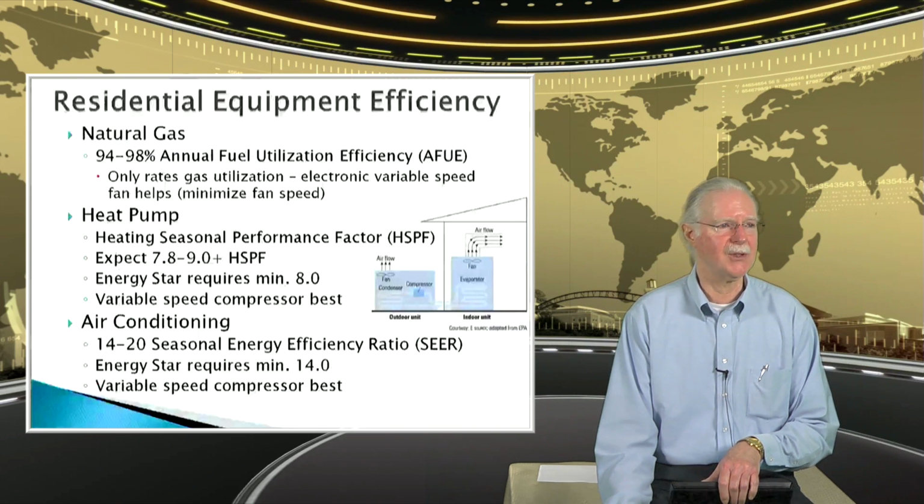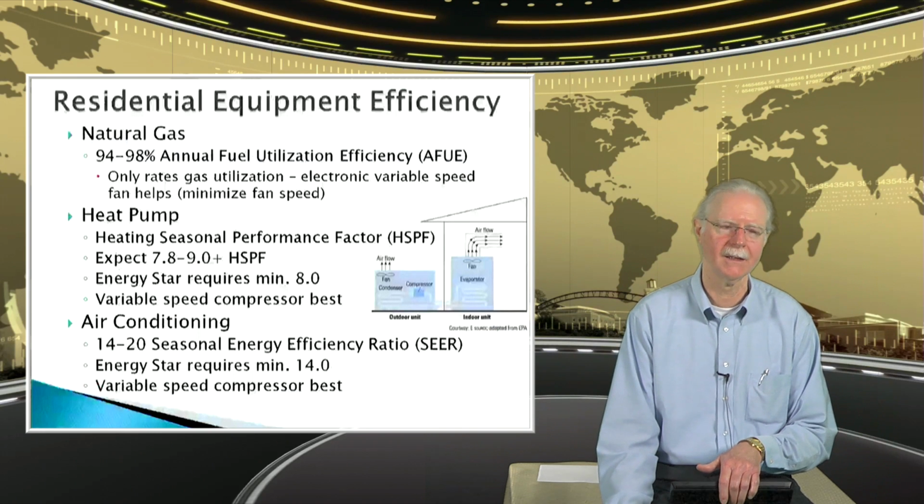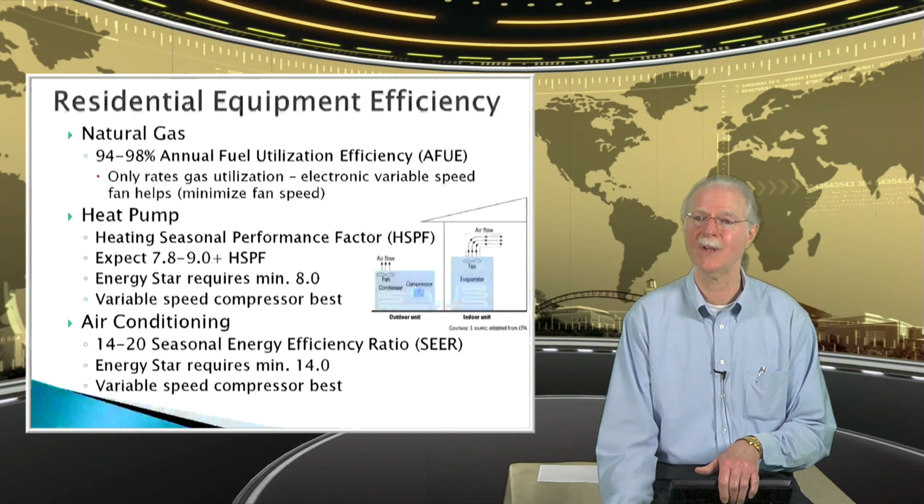There are some other things that you can look for that are specific that help this process, and this applies in both the heat pump and in the air conditioner situation, and that is the compressor, the thing that works that refrigerant cycle to move heat from place to place, has difficulty operating at a lot of different levels.